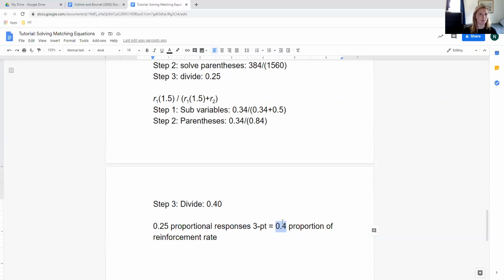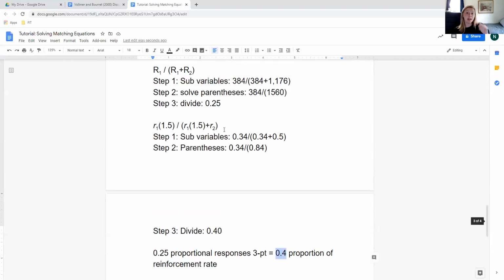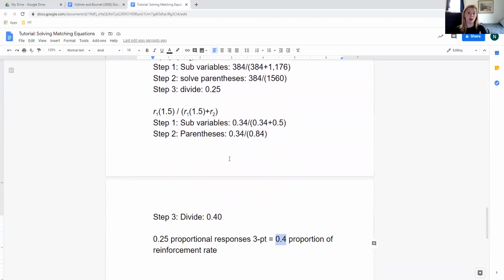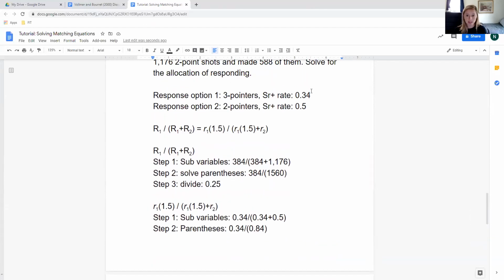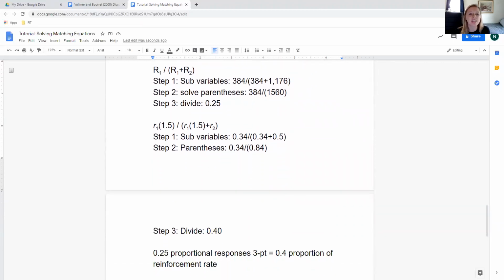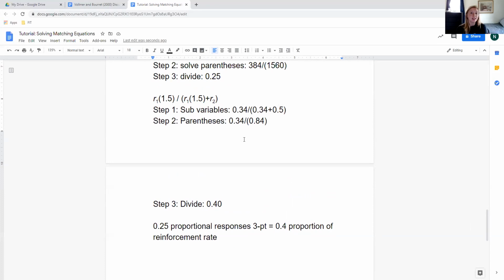Mind you, some of your colleagues, your classmates, and I were talking about the fact that there are other reasons why he probably didn't respond in a way that was strictly allocated to response rate. So yeah, he makes 34% of the 3-point shots that he takes. However, there are other factors that are available there.